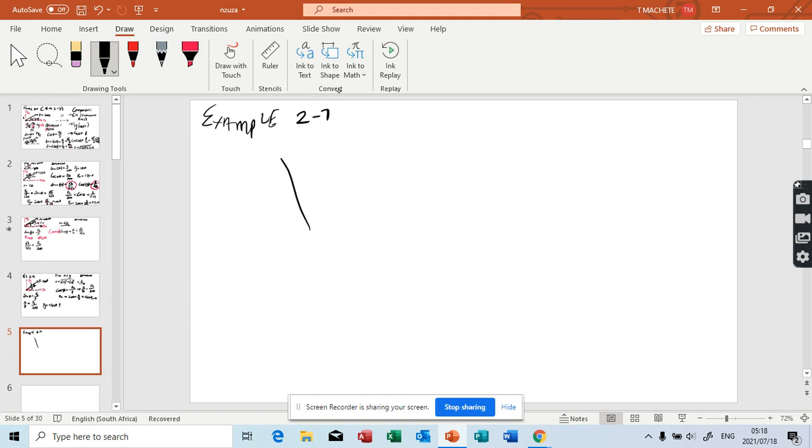This one, it's like this. Then you've got this one, and here you've got this one. Oh, so here you've got the surface crossing like this.